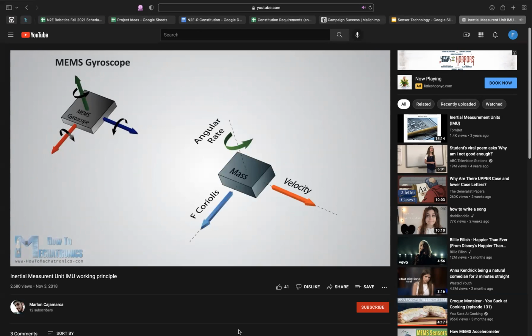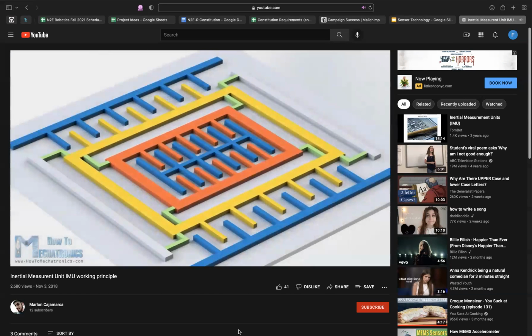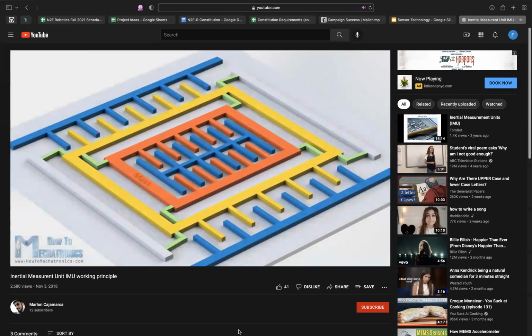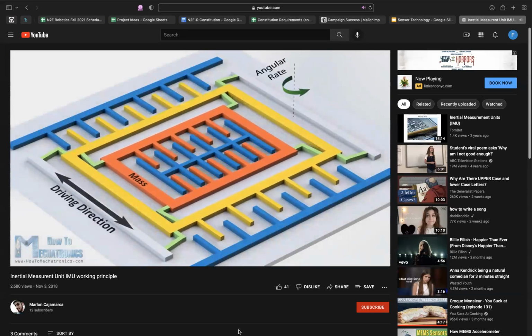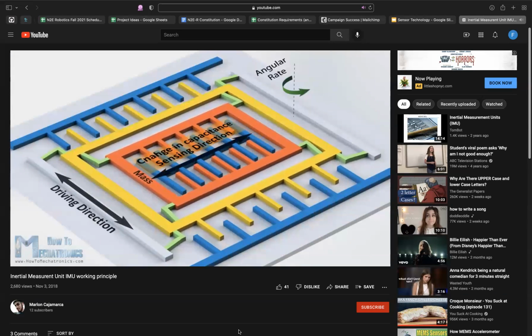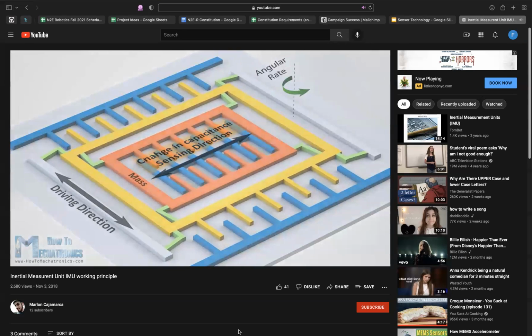So, similar to the accelerometer, this displacement will cause change in capacitance, which will be measured, processed, and it will correspond to a particular angular rate. The microstructure of the gyroscope looks something like this: a mass that is constantly moving or oscillating, and when an external angular rate will be applied, a flexible part of the mass will move and make the perpendicular displacement.